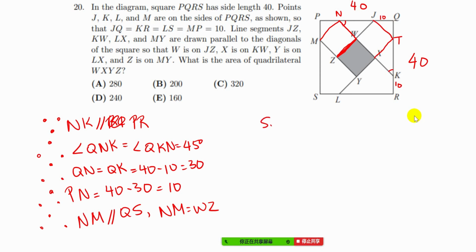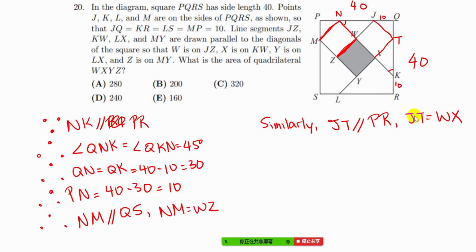So similarly, JT would be parallel with PR, and JT would equal WX because it is symmetrical with NK and with MN over here that we proved just now.